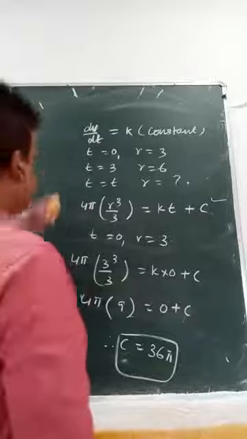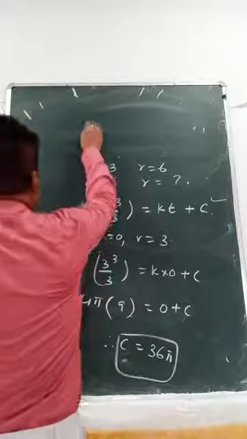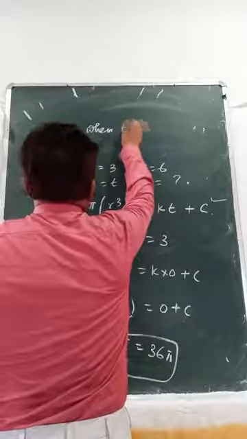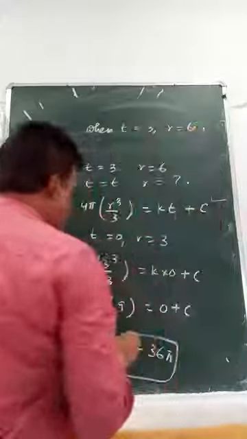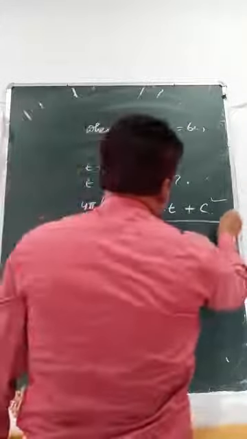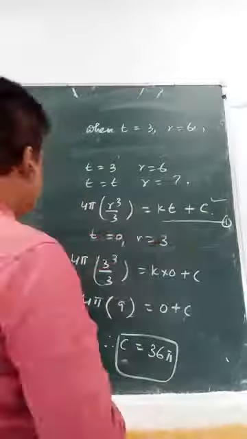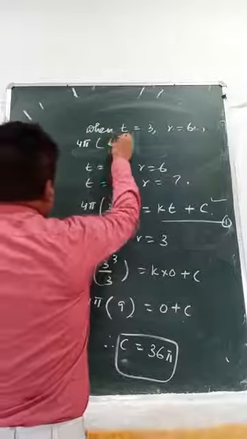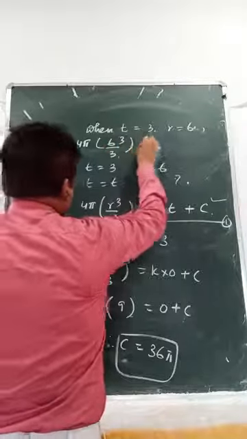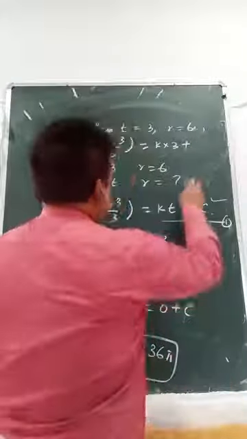Okay, after 3 seconds, r is 6. When t equals 3, r equals 6. Again you put it in your main equation. What will you find? Now 4 pi 6 cube by 3 equals K into time 3 plus c. C is what? 36 pi.